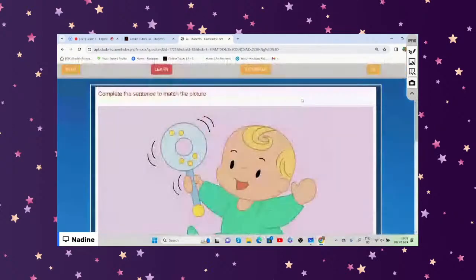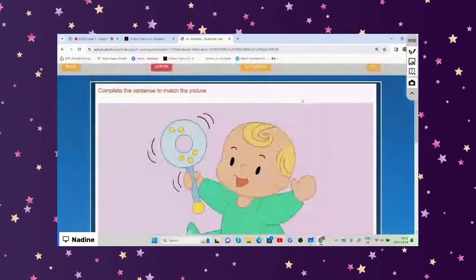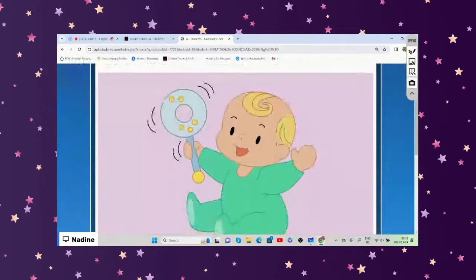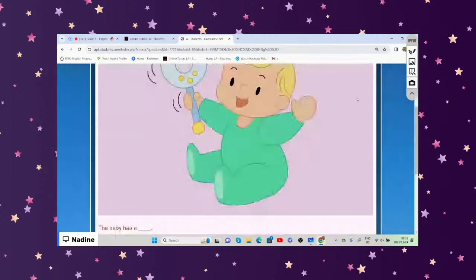And now if we look at this picture over here, the baby has a what in the baby's hand? So the baby has a toy.